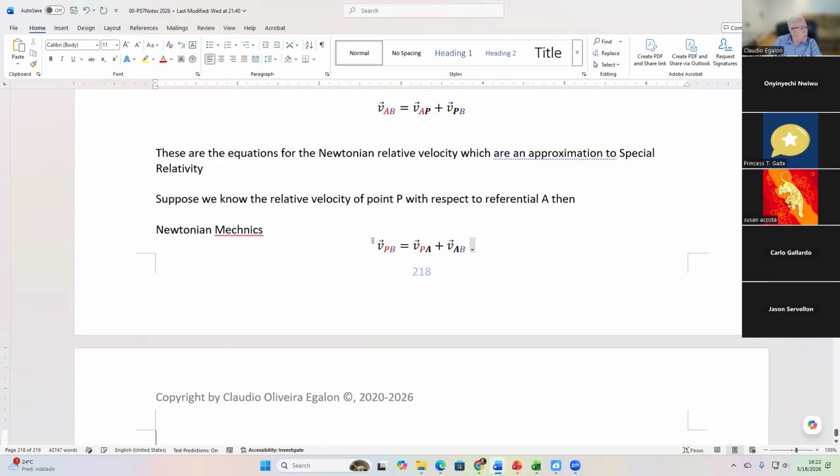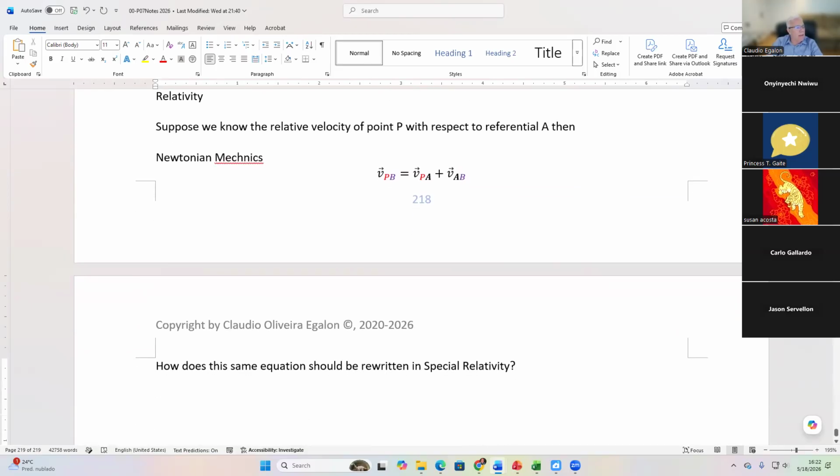So the question is, how should this same equation be written in special relativity? I'm not going to derive that because it requires differential calculus, but it's not going to be difficult to memorize if you memorize this result here, mechanics.